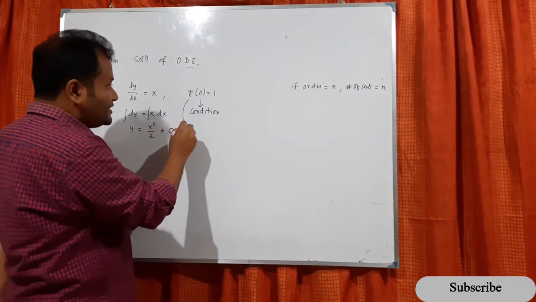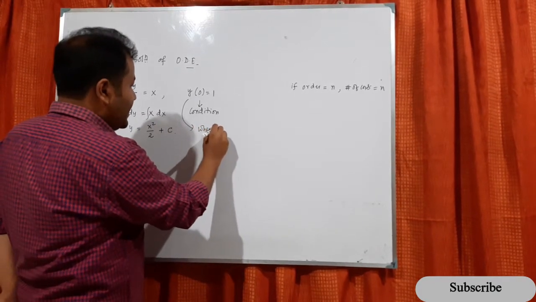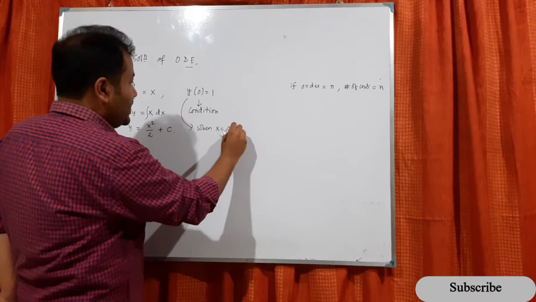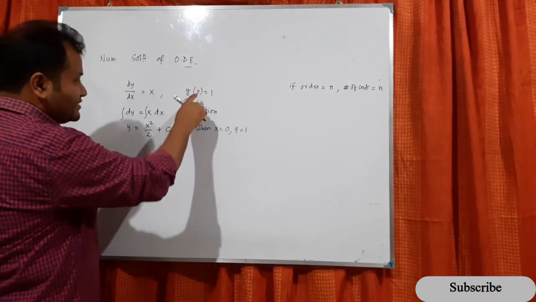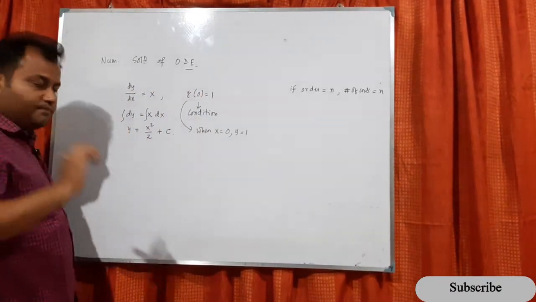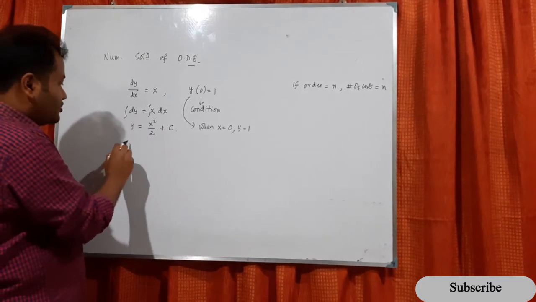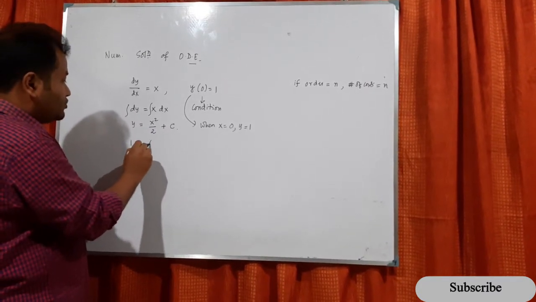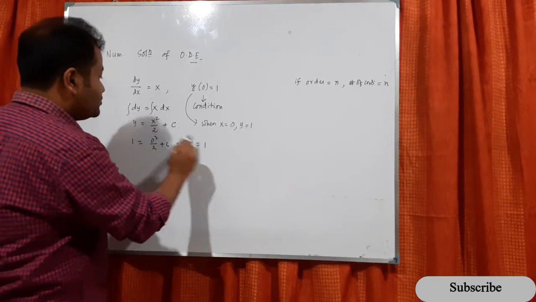What is the meaning of this condition? The meaning is that when x equals 0, y equals 1. Inside the bracket this is x. So when x equals 0, the y value is 1. Now if I put x equals 0, y equals 1 here, it should be 1 equals 0 square by 2 plus c, so it gives c equals 1.